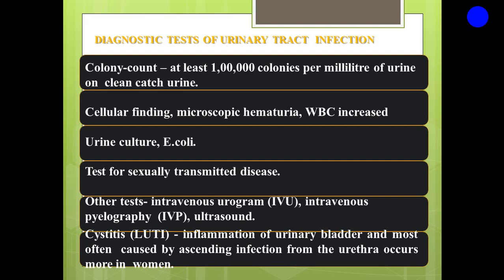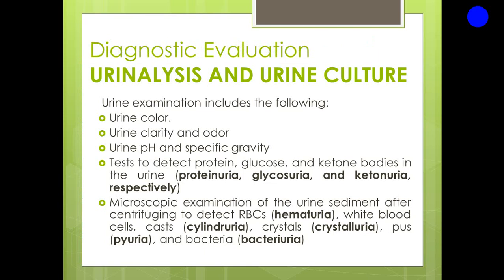Cystitis, a lower urinary tract infection, is inflammation of the urinary bladder, most often caused by ascending infection from the urethra, and occurs more in women. The diagnostic evaluation: the first line is urine analysis and urine culture.